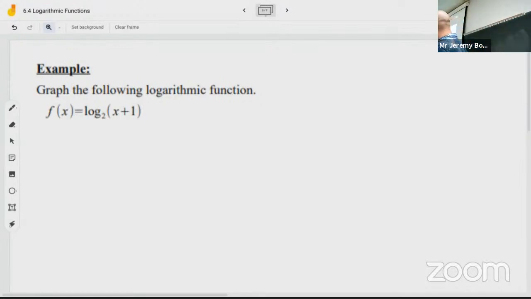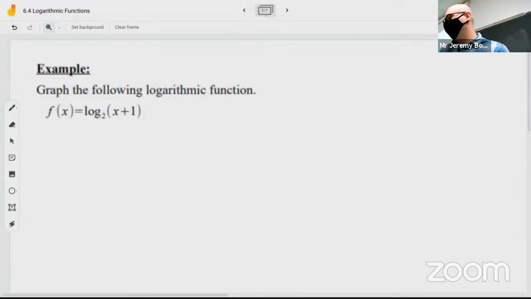We know kind of the shape because we know that the base is 2. So we know that its exponential function would be exponential growth. So ours should be the mirror image of that over the diagonal. So it should come up and then kind of level off.